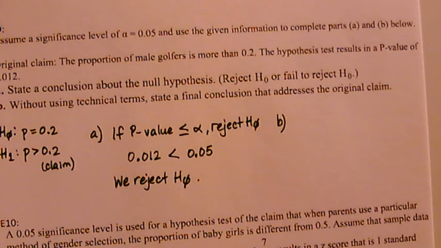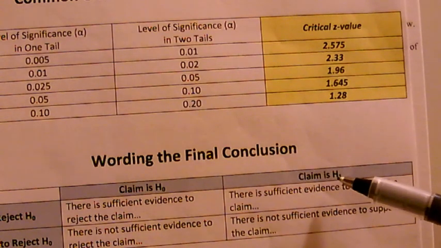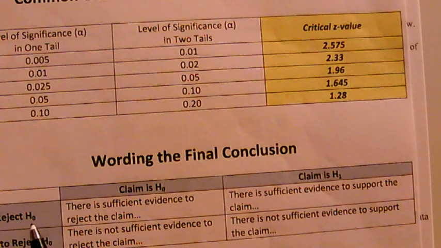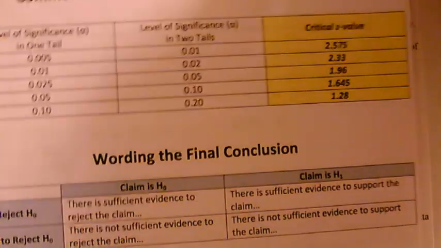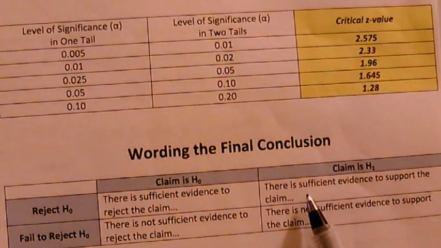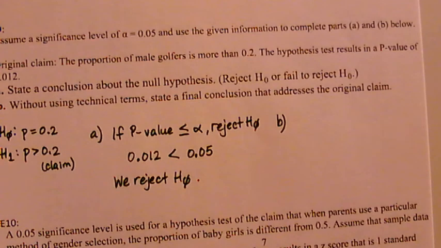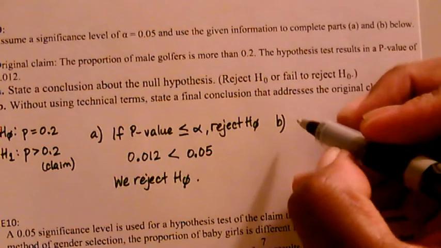So going back to this, our claim was the alternative. We already rejected the null. So that means we start that sentence off by saying that there is sufficient evidence to support the claim. And then we finish the rest of the sentence.